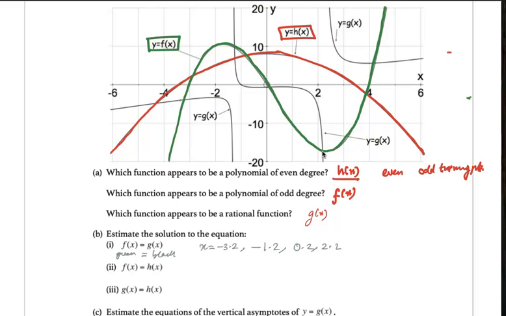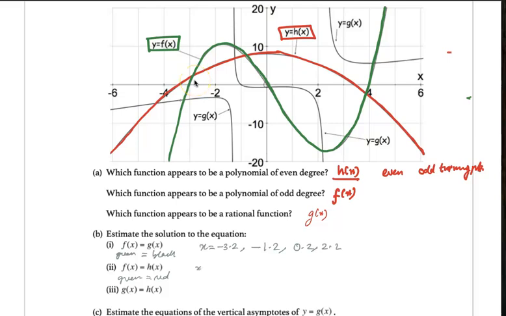Now f(x) is equal to h(x). f(x) is your cubic, which is green, and h(x) is red. Green is equal to red at minus 2.8, 2.9, whatever.